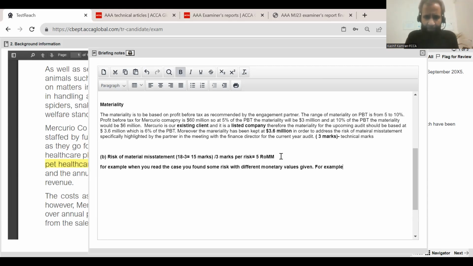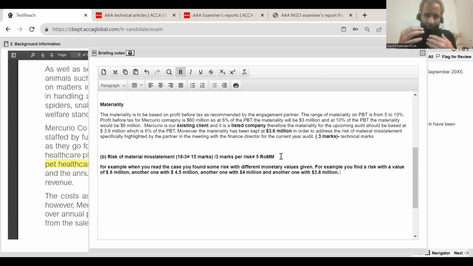For example, you find a risk with a value of $6 million, another one with $4.5 million, another one with $4 million, and another one with $3.8 million. So suppose you found them, right?